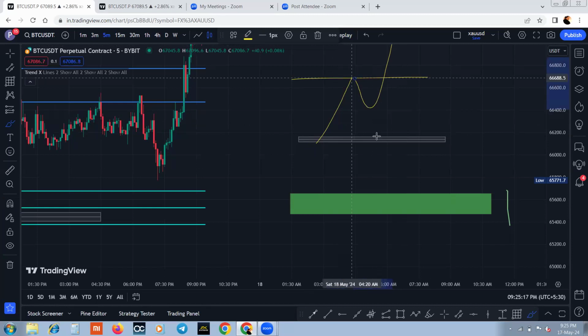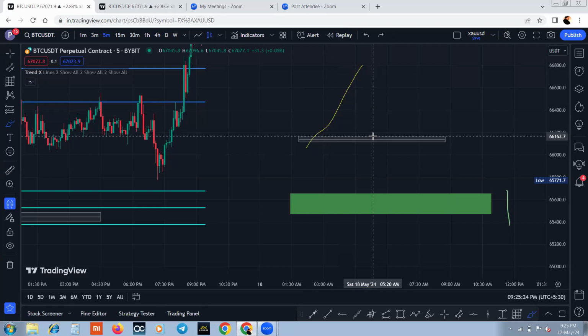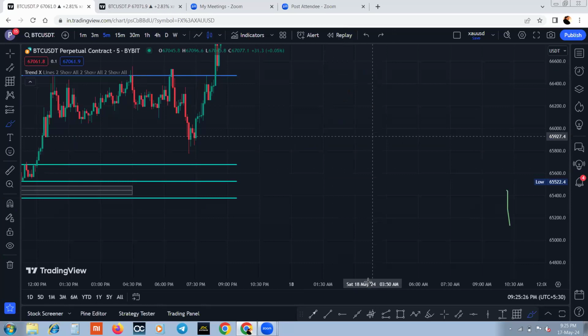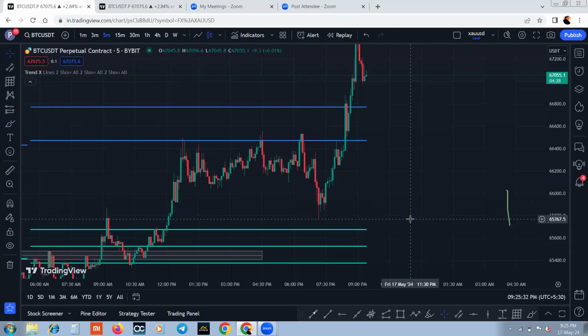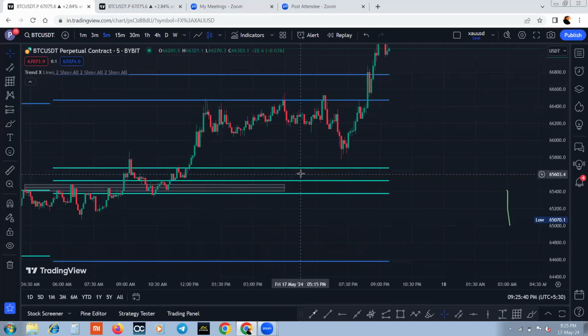If it's coming back, then there is nothing we can do, but at least we can try. This is what I'm teaching you. All this I personally experienced in the real market. Whenever I was taking a trade and the market was coming back, but I was getting profit, I would not close.